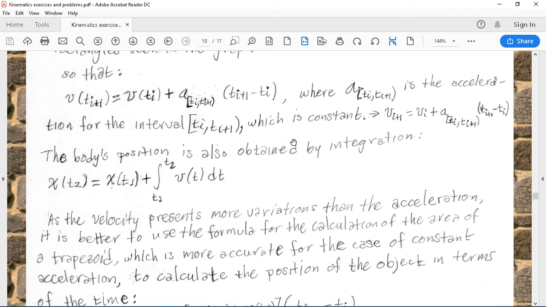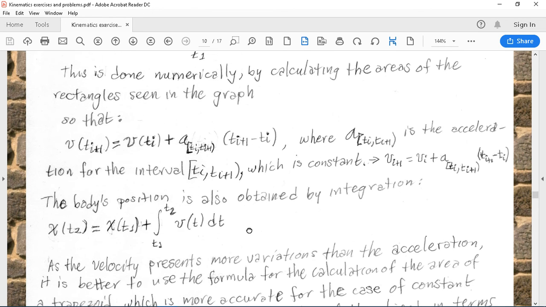Okay, now having obtained the velocity for the particle, we proceed to obtain the position. The position at any time t2 is equal to the position at time t1 plus the integral from t1 to t2 of the velocity with respect to time.